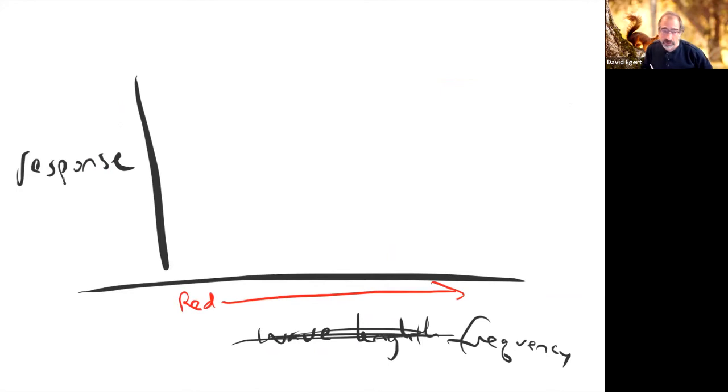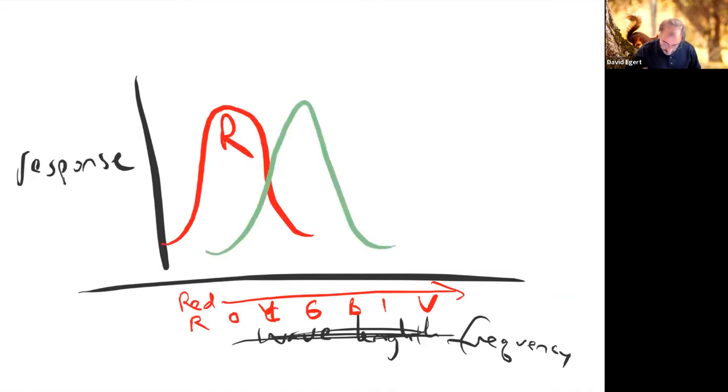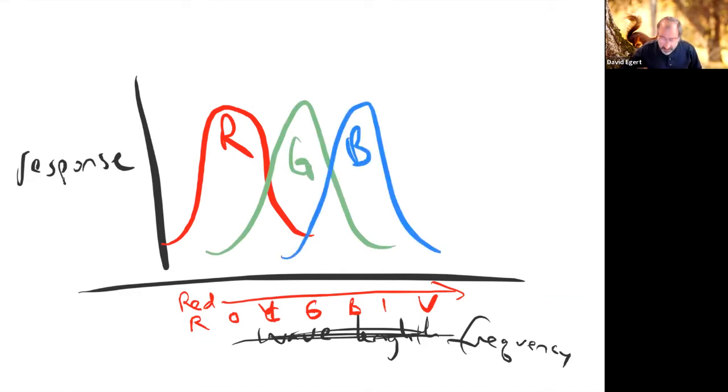You probably learned Roy G. Biv: red, orange, yellow, green, blue, indigo, violet. That's just the rainbow. There are cones that respond primarily to red, cones that respond primarily to green, cones that respond more over to here. And depending on what combination of these you're mixing up, you'll detect different colors.